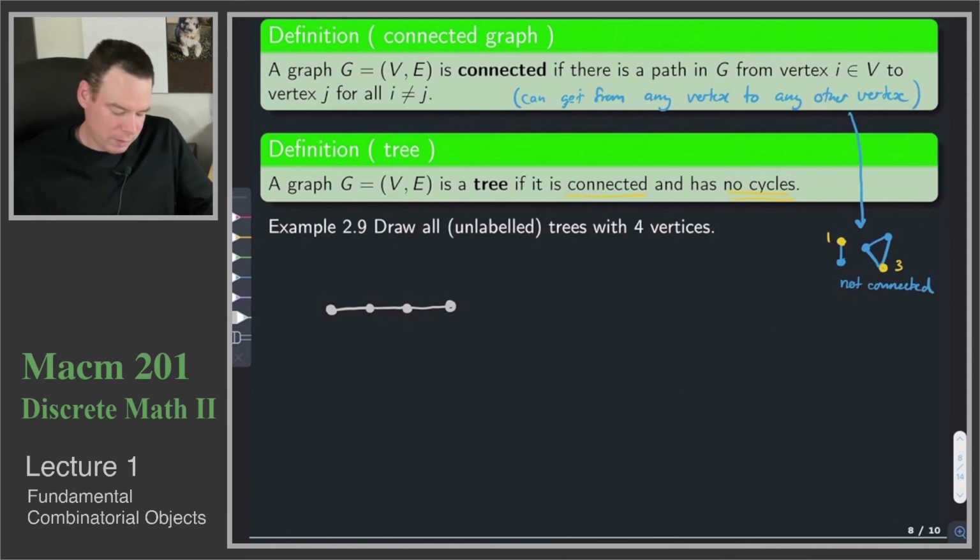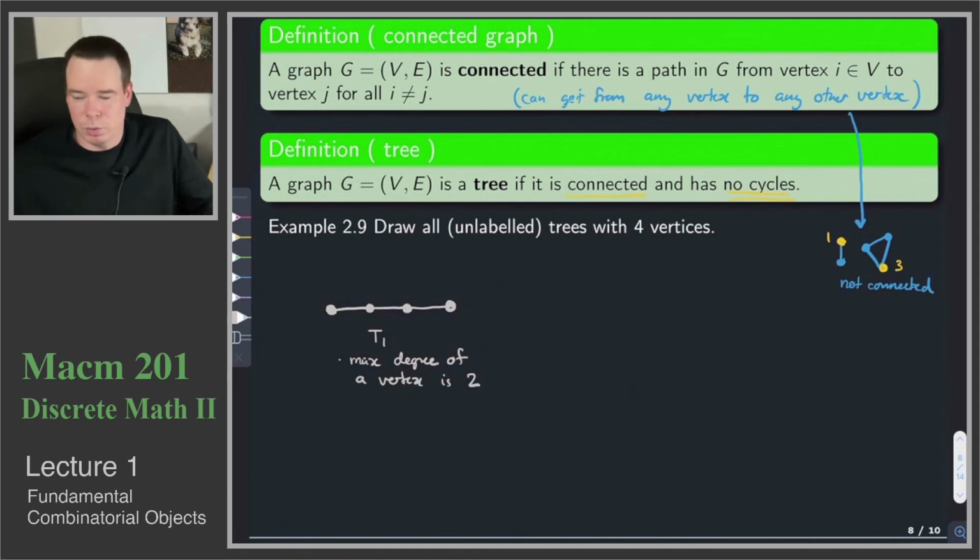And so there's one example of a tree. We'll call this our first example, and we'll make a note that the max degree of a vertex is 2. There are 2 vertices that have degree 2 and 2 vertices that have degree 1. So there's one example of a tree on 4 vertices.